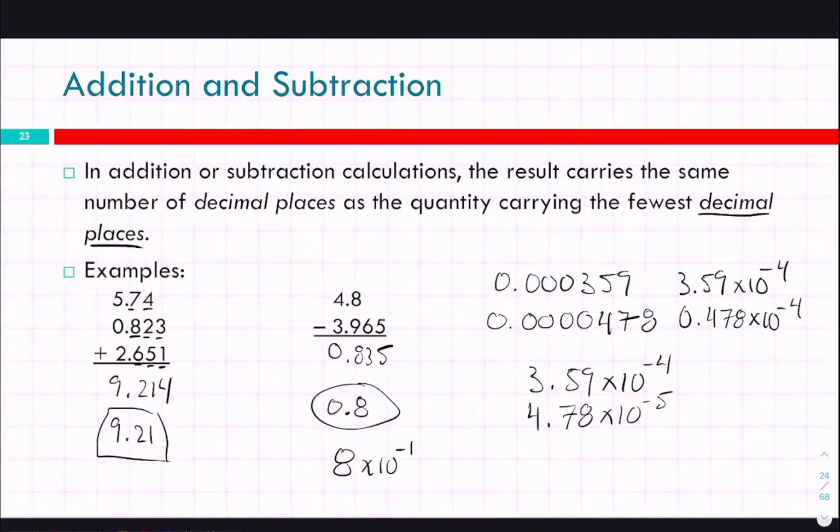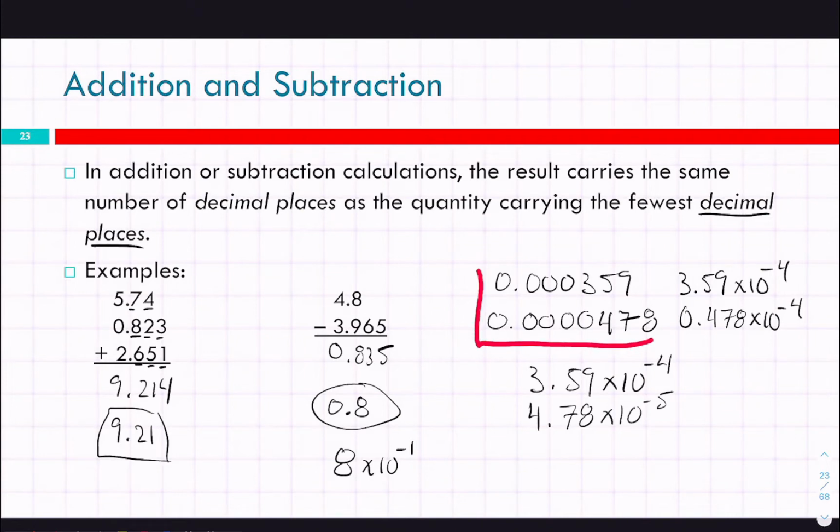Okay. So addition and subtraction. I wanted to point out too that if we had numbers like this, those previous zeros aren't significant, but they are still counted in the number of decimal places.